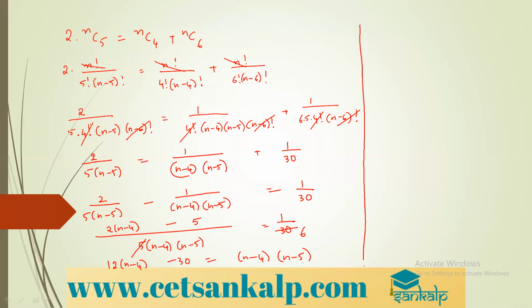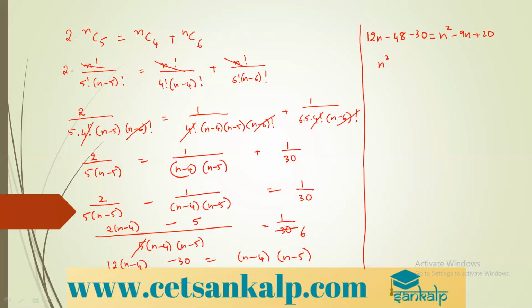I will simplify on this page only, because while copying it is becoming wrong. 12n minus 48 minus 30 equal to n square minus 9n plus 20.